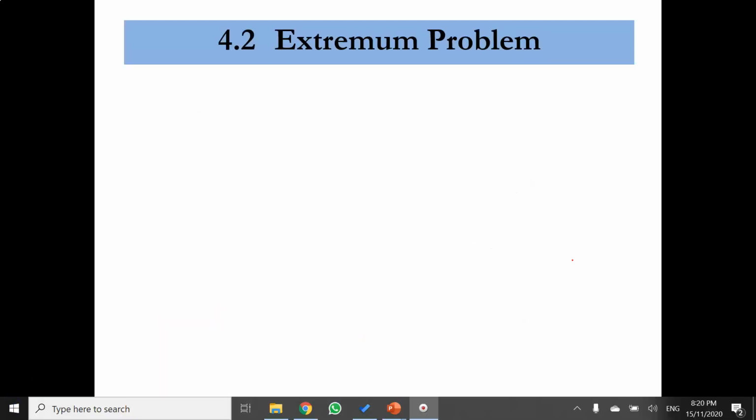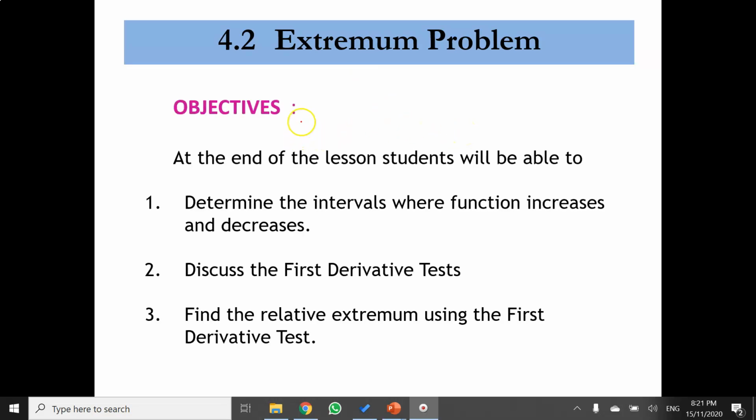Okay, next subtopic will be the extremum problem. In extremum problem, we're going to see a lot of other subtopics, like the first derivative test, second derivative test, inflection point, and so on. But first, let's see the objective.